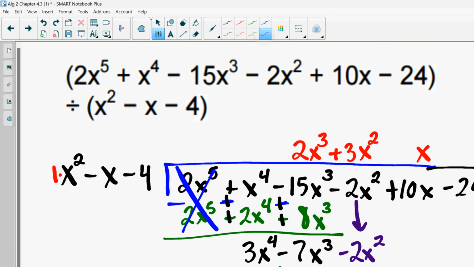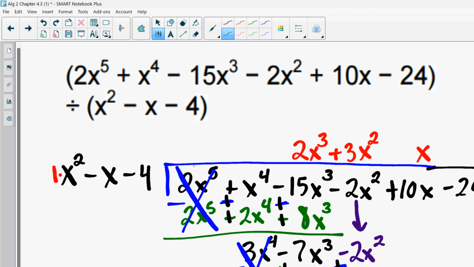And again, just like with the one before it, we're going to subtract. 3x to the 4th minus 3x to the 4th is 0. Negative 7x cubed minus negative 3x cubed. The negative and negative make a plus. Negative 7 plus 3 is negative 4x cubed. Negative 2x squared minus negative 12x squared.